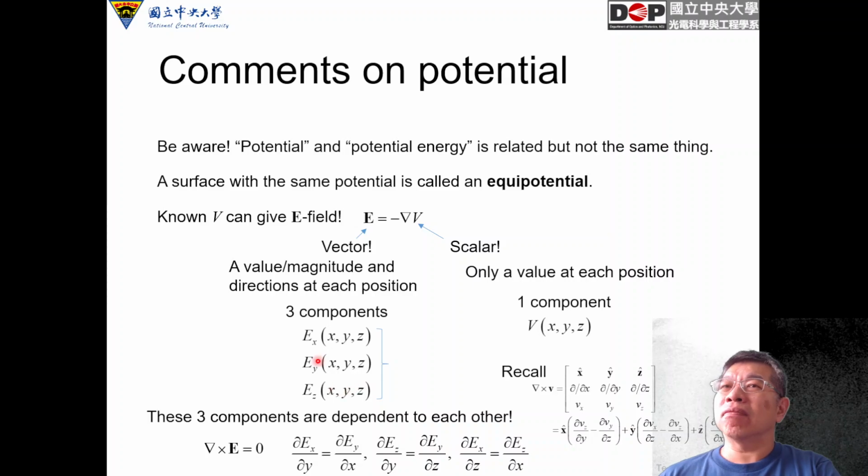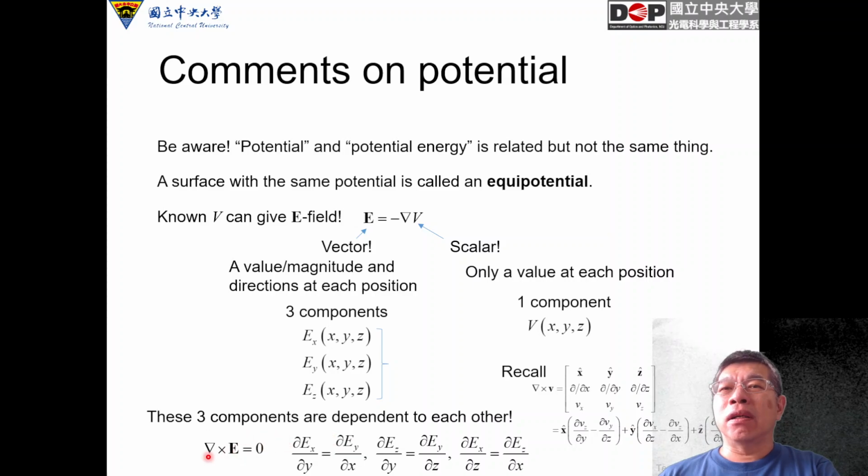So there are so many elements. But potential is a scalar function, so it has only one component, which depends on the coordinate. It's not a vector, so it's easier to deal with. And these three components are independent of each other.